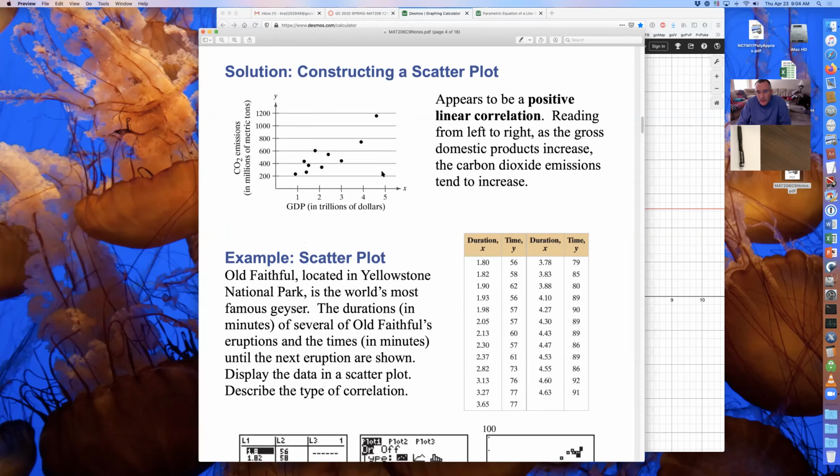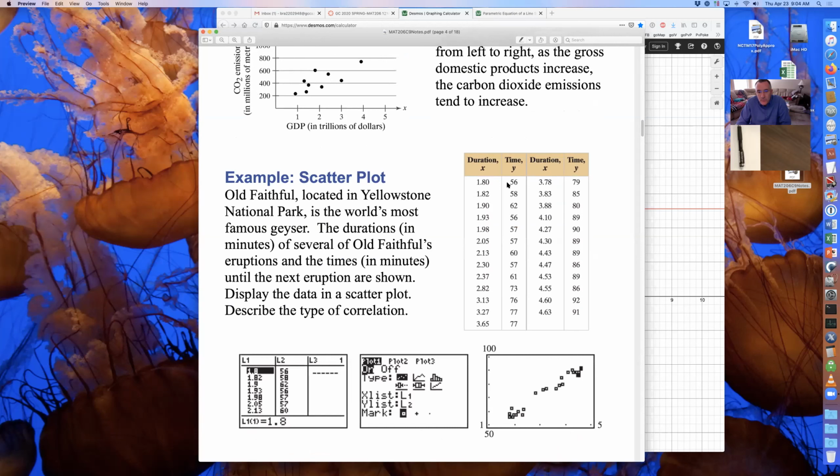So the next one that we want to do is all of this data, and this is a nice example that the author, Larson, uses for the rest of the chapter. So this is a good one. Once you type this data in, then you can use it for lots of examples. This is the duration of Old Faithful's eruptions, the geyser in Yellowstone, and the time until the next eruption.